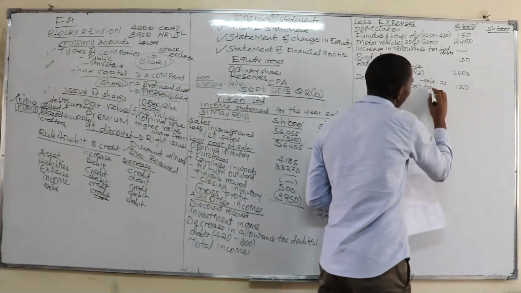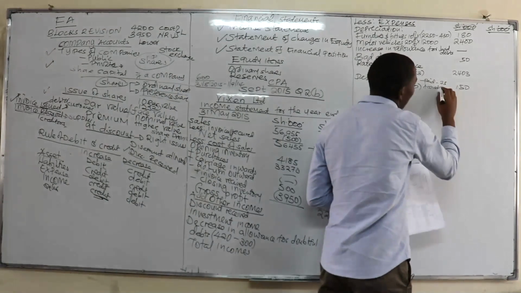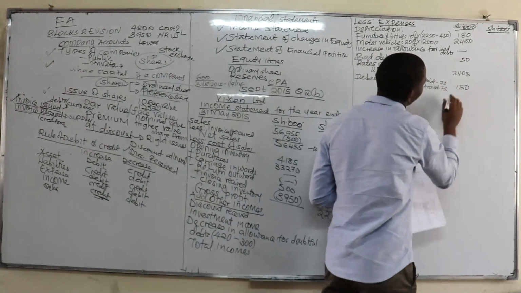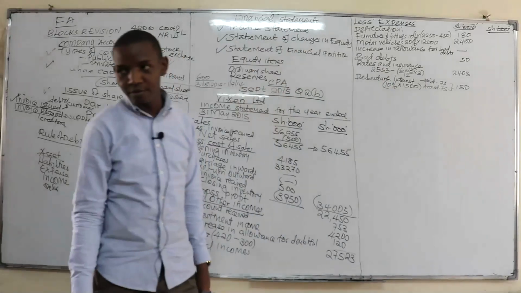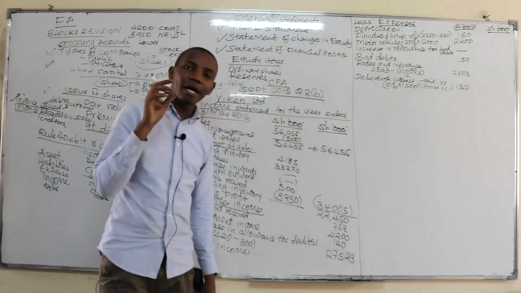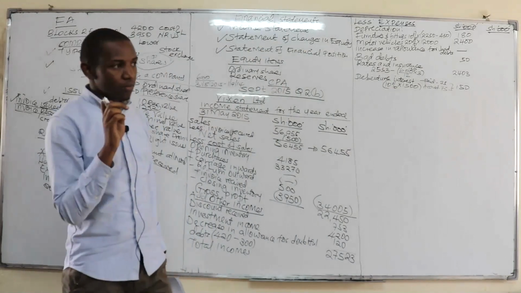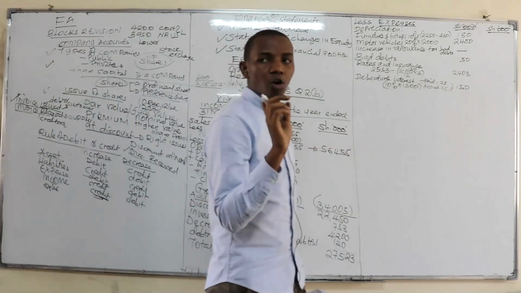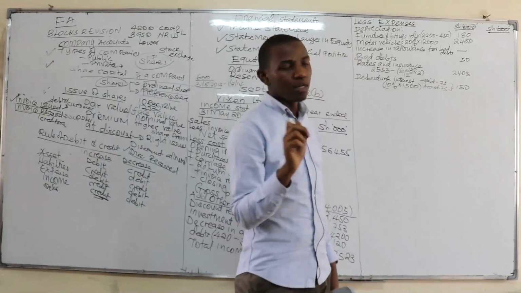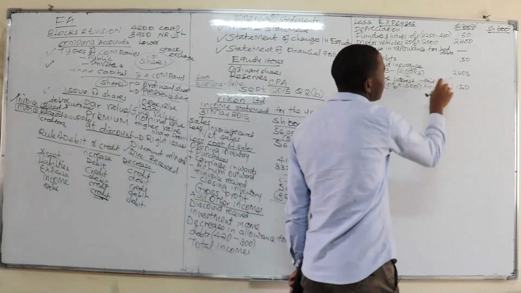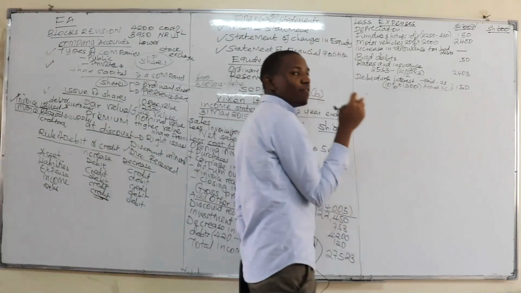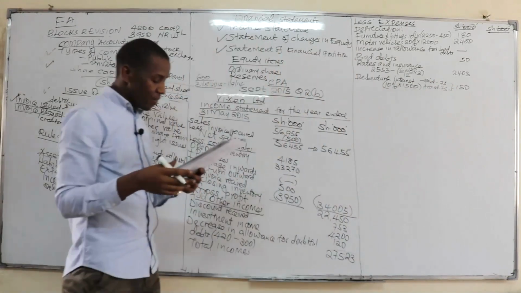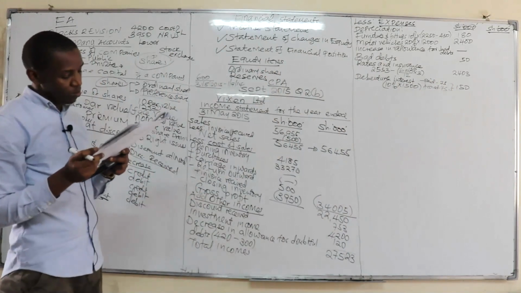That means there is still an accrued 75, to give us a total of 150. Remember, under the accrual concept, expenses should be recognized when incurred. So in this case, the debenture interest was incurred for that year. It is only that these 75 have not been paid, and therefore that is what you are supposed to do.